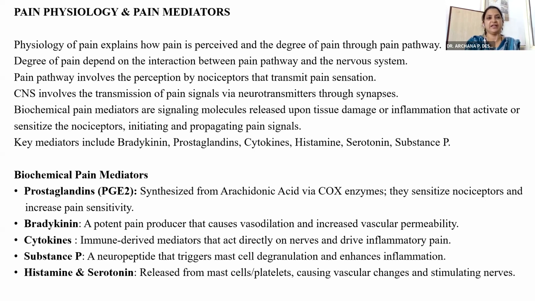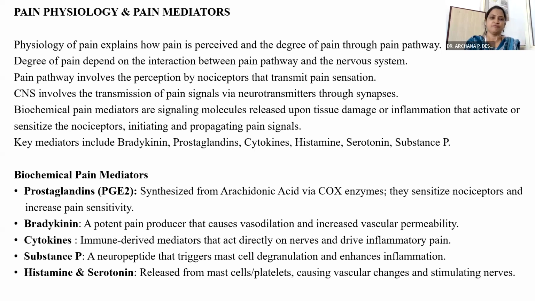This is maintained through other key mediators that we call bradykinin, prostaglandin, cytokine, histamine, serotonin, and substance P. So all these are key mediators, and it is important to understand how they work in our body.